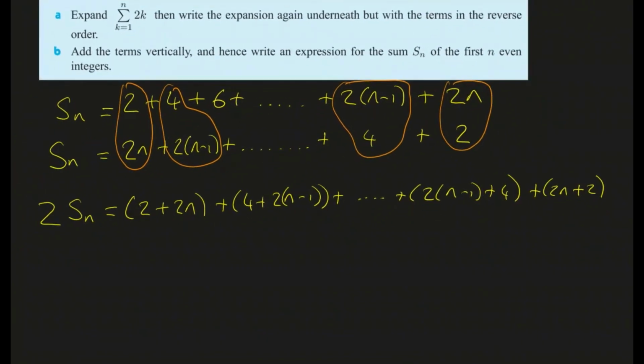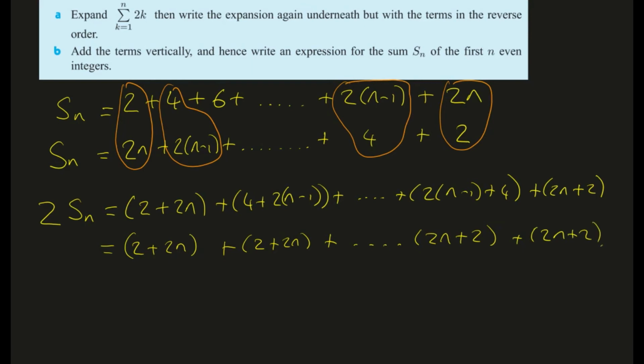There we are. Okay, so what does that mean? Well, if we started to simplify these, I think we're all going to see the same thing. What we're going to have is 2 plus 2n plus 2 plus 2n, and of course every single one is going to be the same thing: 2n plus 2. They're the same, right?